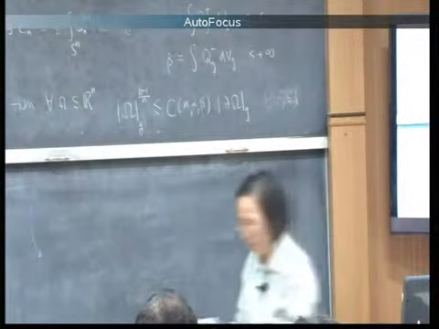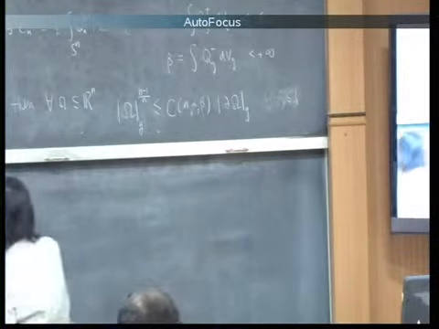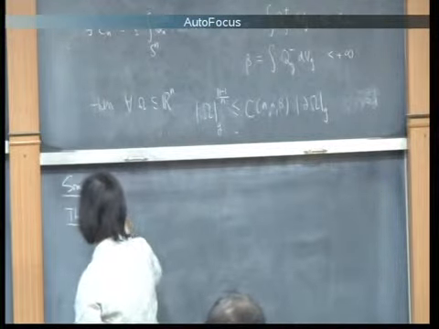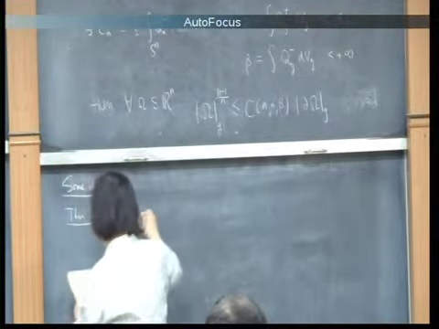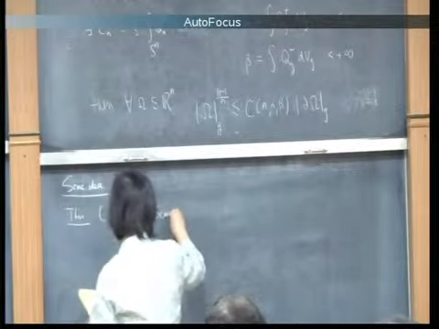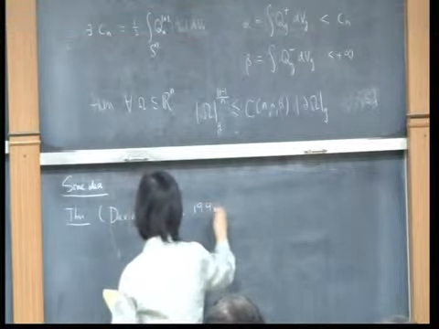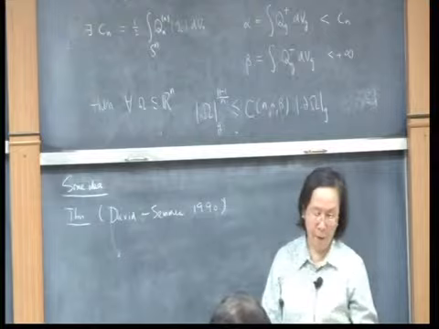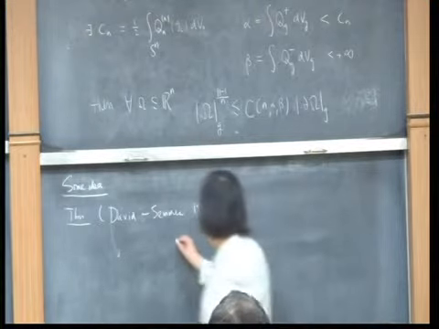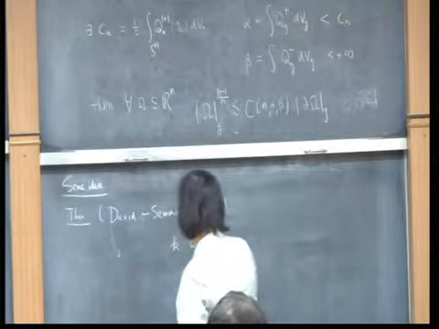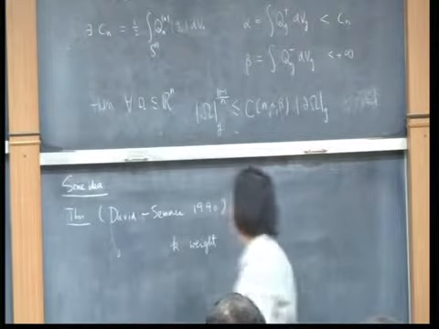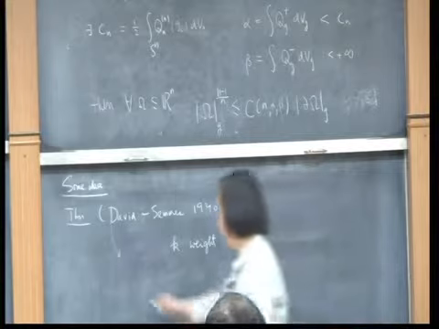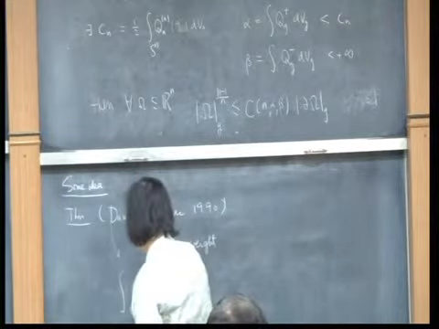First, there is a theorem, and some idea in the proof. The key idea is to apply a result of David and Semmes in the 1990s. David and Semmes are interested in weights K such that an isoperimetric inequality of the following type holds.